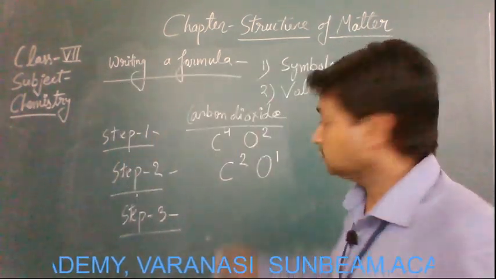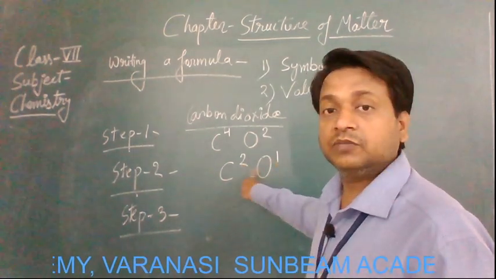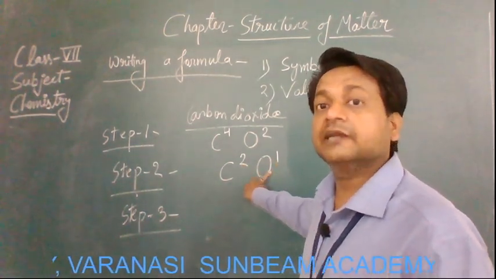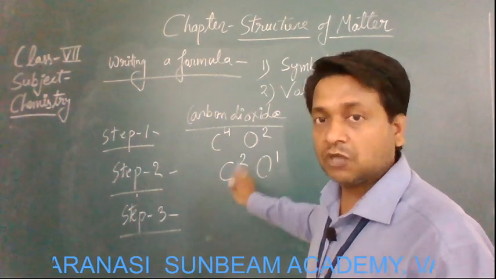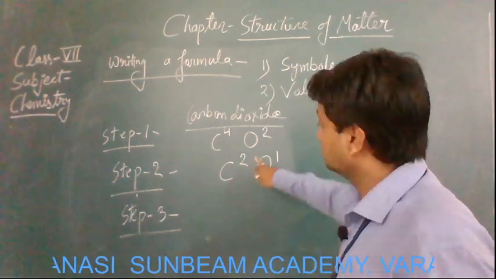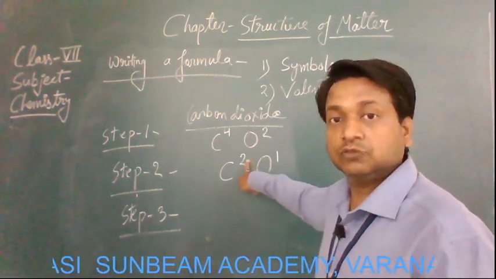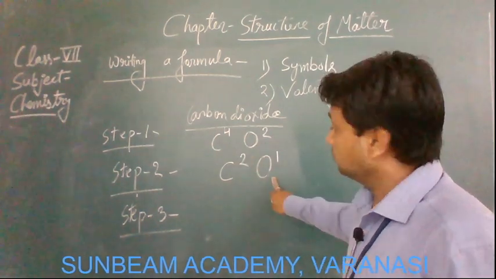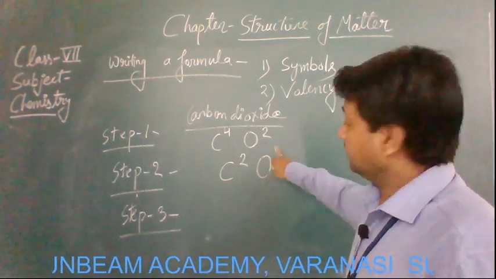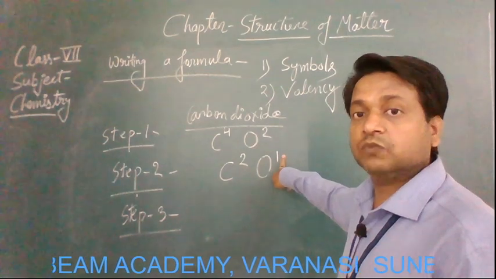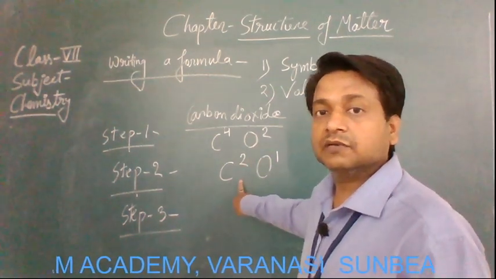In the third step, we exchange these valencies of the elements and write them at the bottom, not at the top. So the valency of carbon, 2, will come to O, oxygen, and the valency of oxygen, 1, will come to the bottom of carbon.